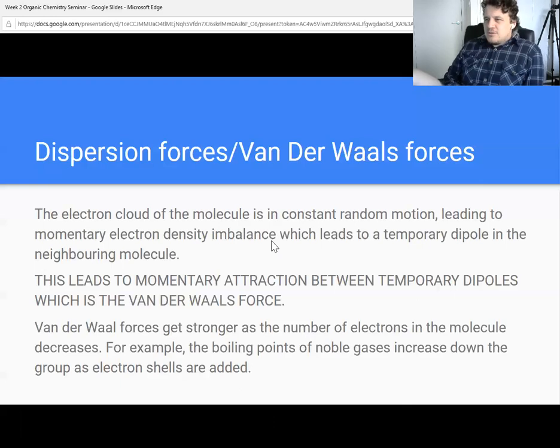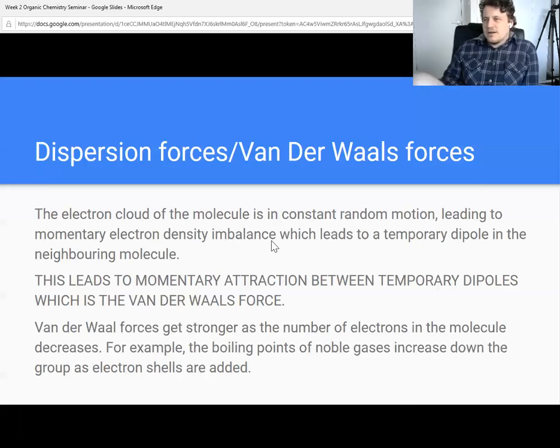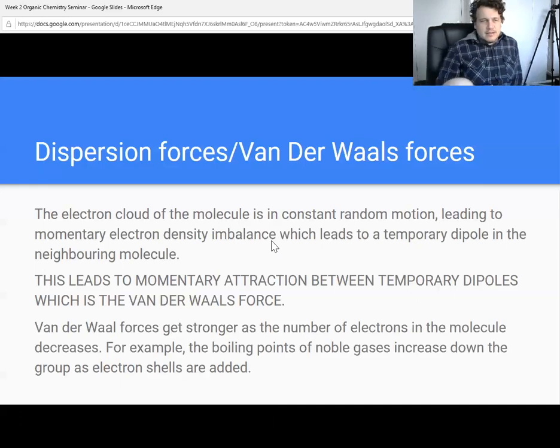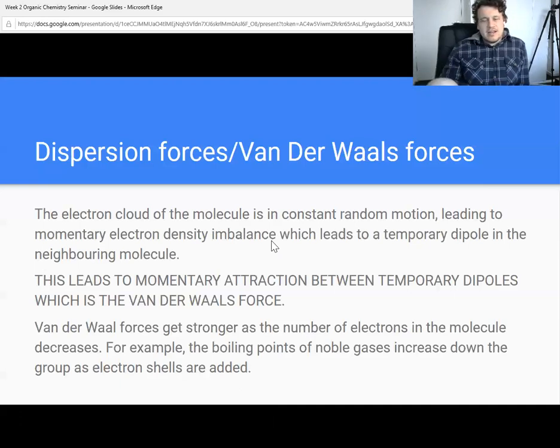At some stage, all of the electrons are going to be on one side or another of one atom. So we then get this temporary dipole where we have a negatively charged end of the atom and a positively charged end of another.